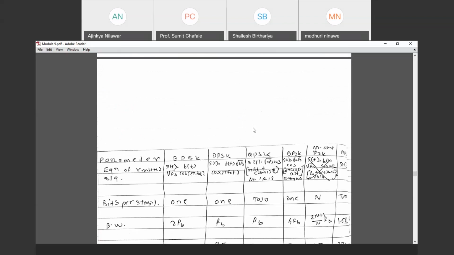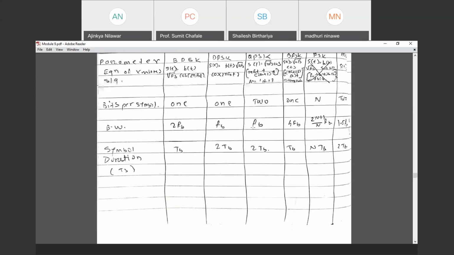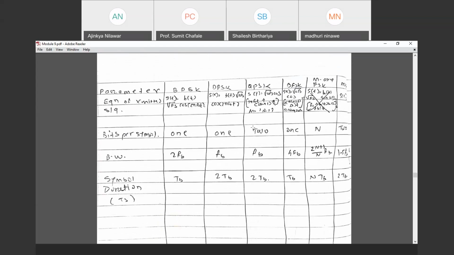Next, here is some comparison given for various PSK techniques. You will clearly see here we are interested only in binary PSK and binary FSK. So DPSK, QPSK, MFSK and MSK you need not watch. So bits per symbol you will see here: in the case of BPSK 1, in the case of BFSK also 1.